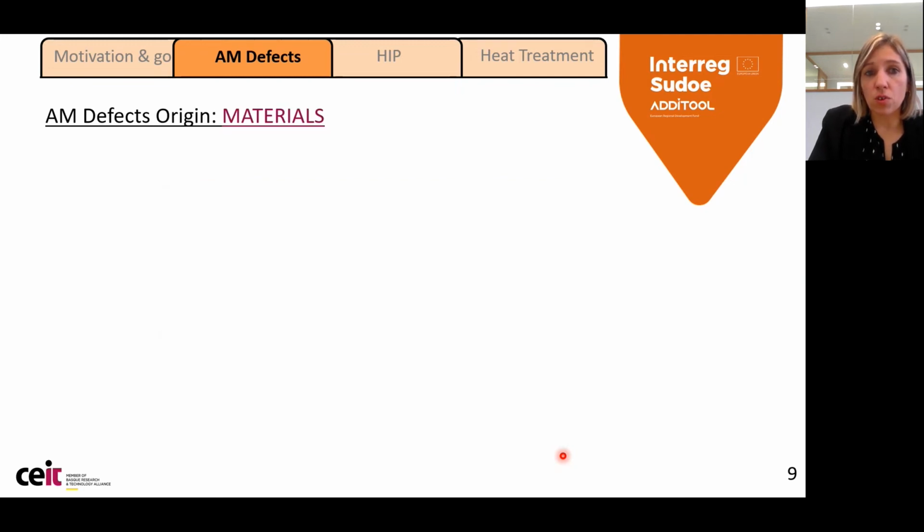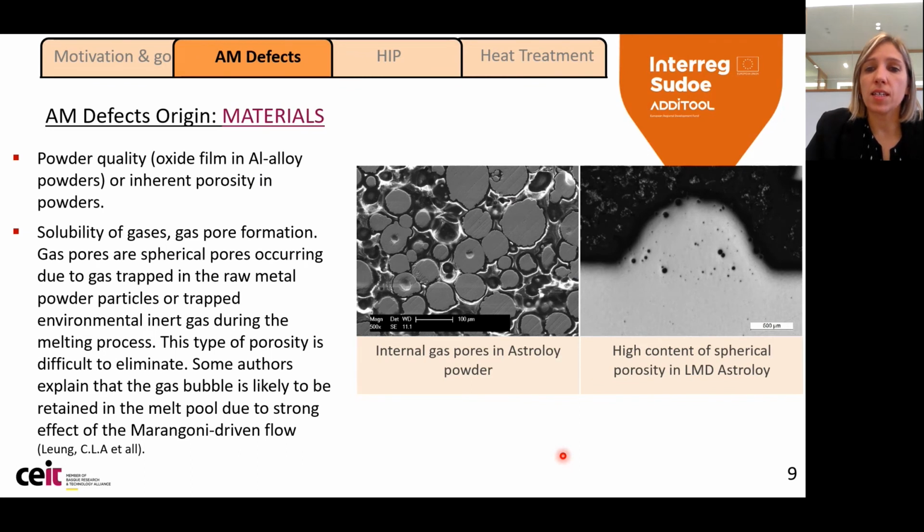When we look for the origin of the defects in materials, we have different examples. For instance, one can be directly related to the raw material, the powder. If the powders are too oxidized, these oxidized powders can affect the build and cause porosity.